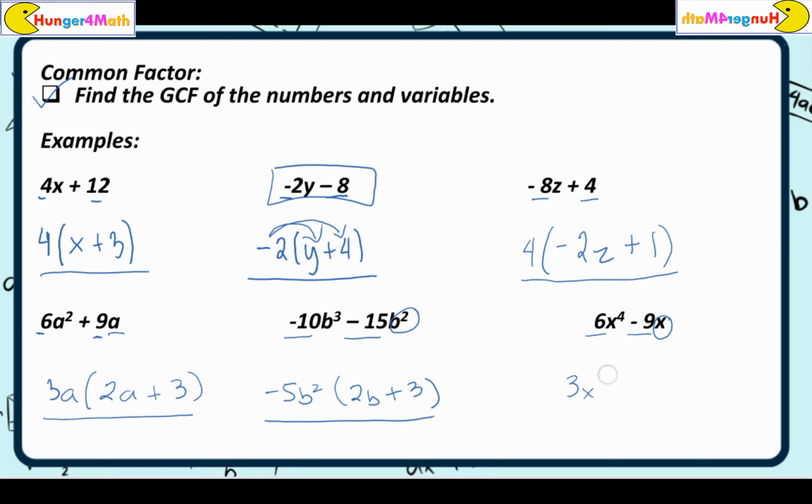Now we're going to divide. 6 divided by 3 is 2, and x to the power 4 divided by x is x cubed. Once again, just subtract the powers. Then negative 9 divided by 3 is negative 3, and x divided by x is 1. So this will be our final answer.